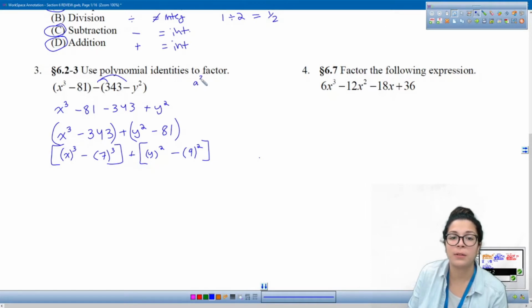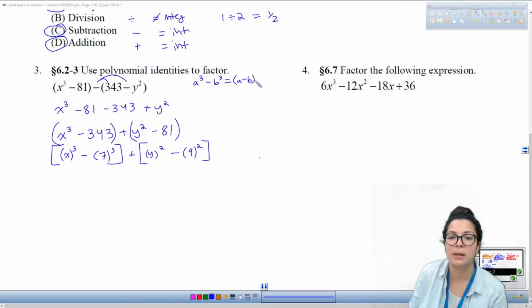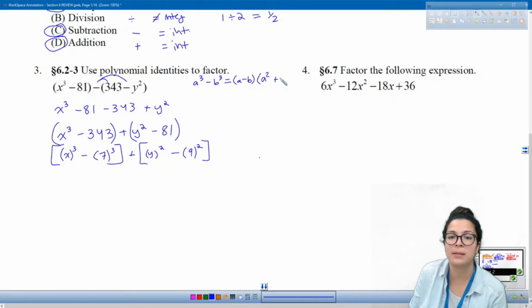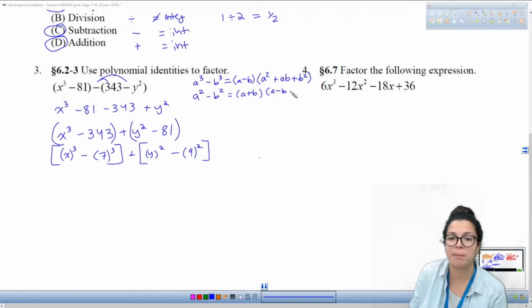Remember that the difference of cubes, a cubed minus b cubed, is a minus b times a squared plus ab plus b squared. And the difference of squares, a squared minus b squared, factors into a plus b times a minus b.